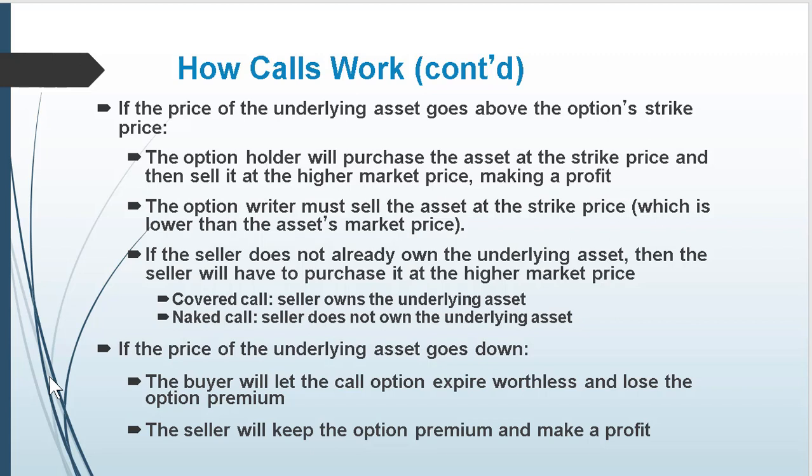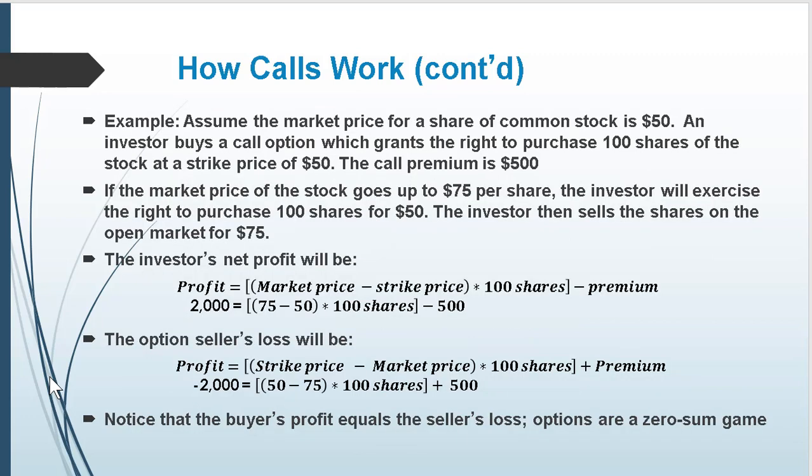So they paid this premium, and they'll lose the premium. But that's the most that the person who buys an option can lose, the premium that they paid. Of course, the most that the person that writes a call or an option can make is the premium that they receive.